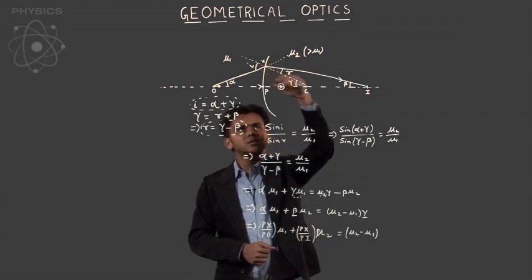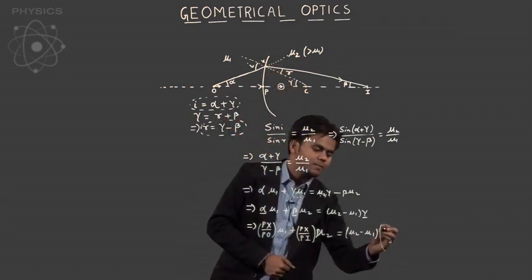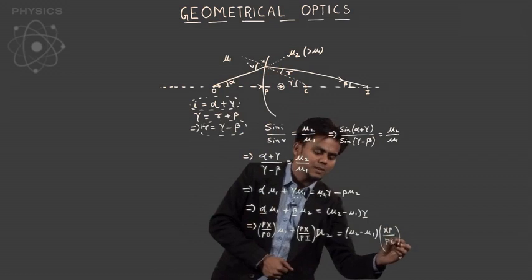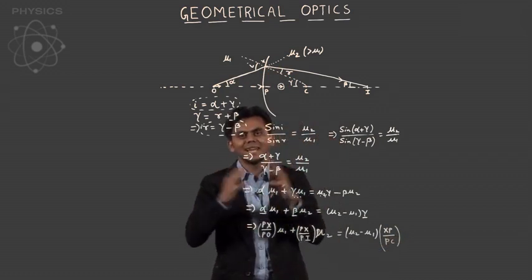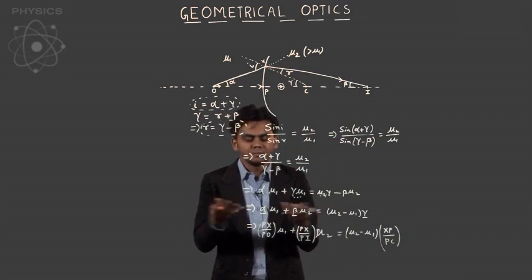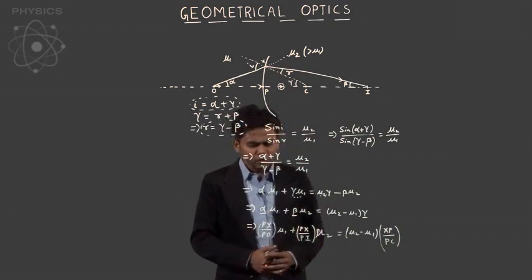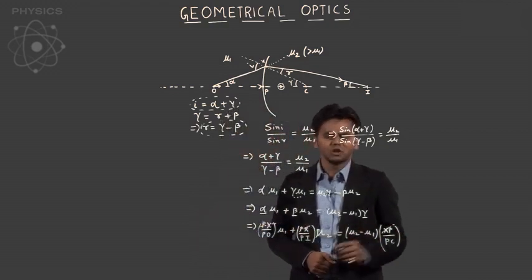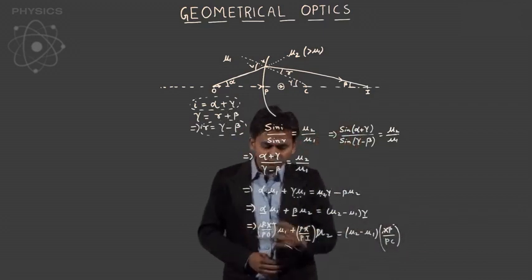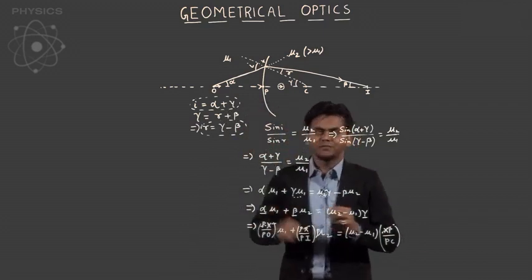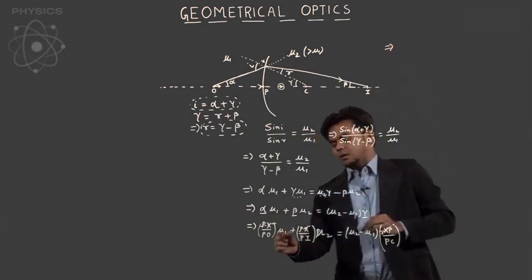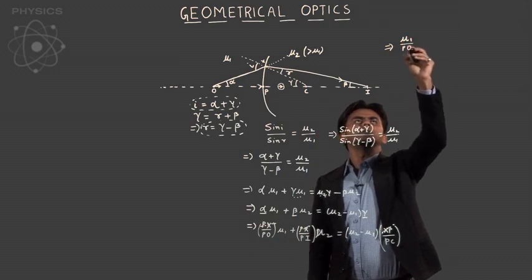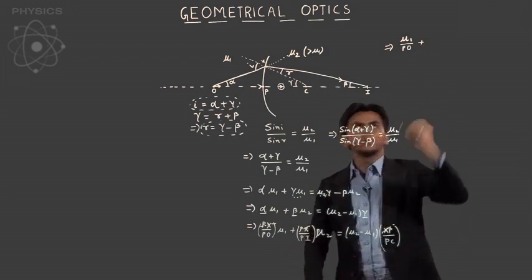Tan gamma is XP upon PC, or rather PX upon PC. XP, PX is essentially the same thing. That's the length of distance between P and X. In this equation, if you're observant enough, this PX would be getting cancelled away. Because PX is not 0, I can cancel them away easily. So if you remove the PX from this equation, what you would be left with is mu1 upon PO plus mu2 upon PI.